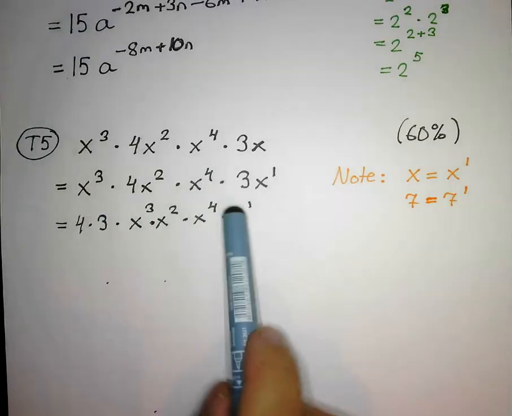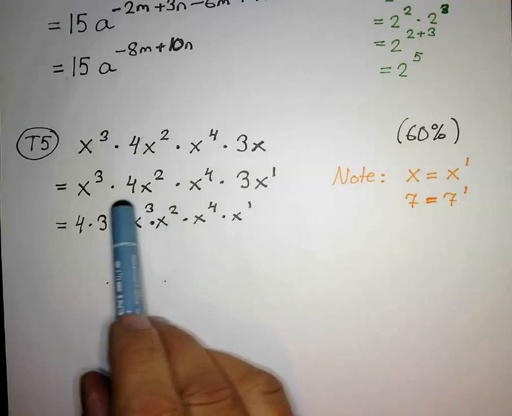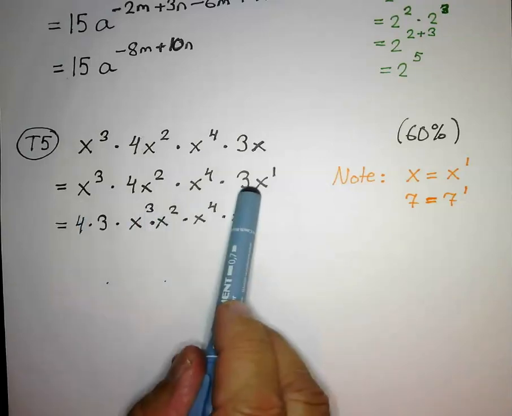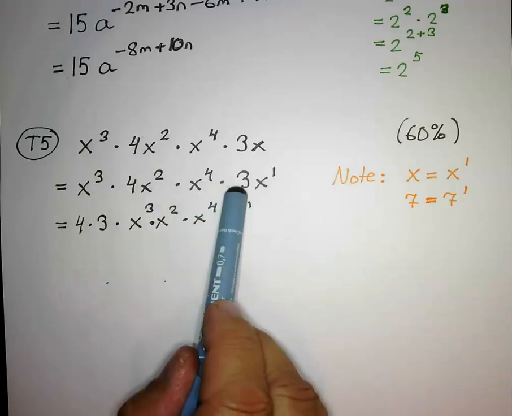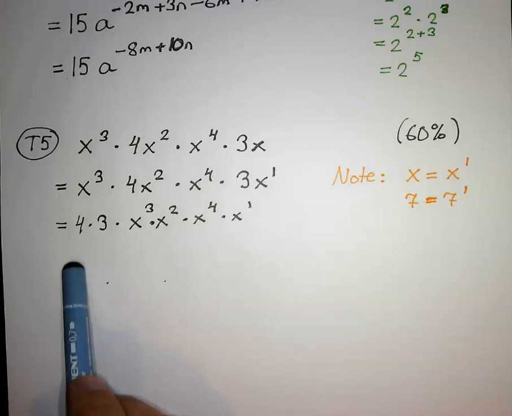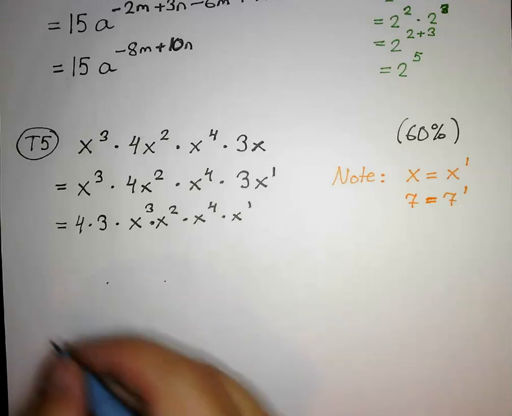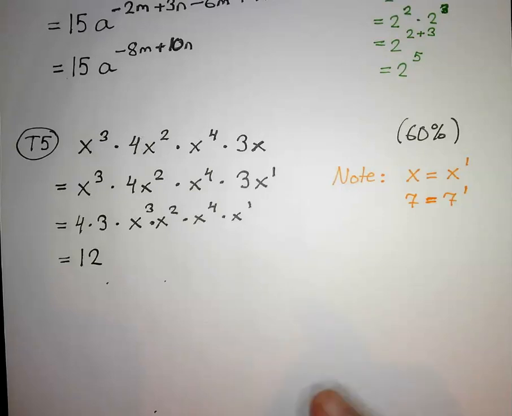It is not necessary to change the order. You may just find those numbers here. So here are 4 and 3, and you may calculate 4 times 3 is 12, and immediately write 12 at the beginning of the expression. So we have 12 here.